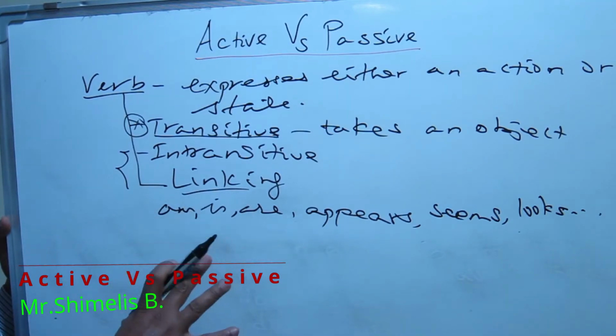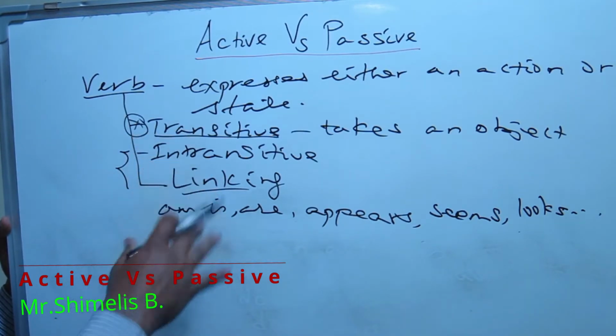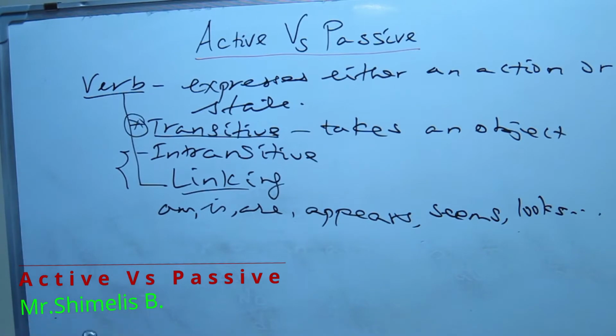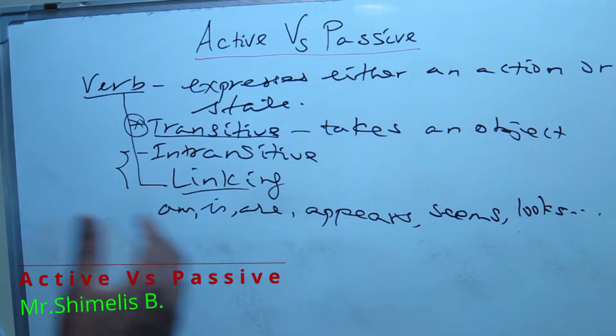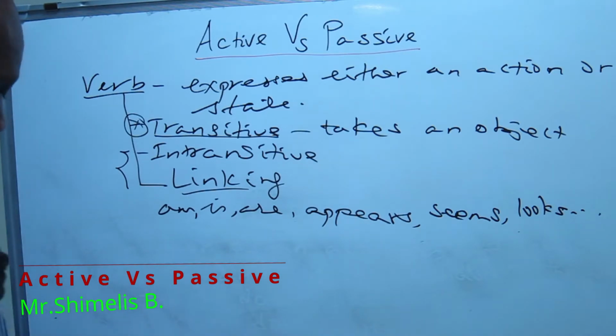Now, assuming we have a transitive verb, the next point would be, how do we change active sentences with transitive verbs to passive? That's our next issue.